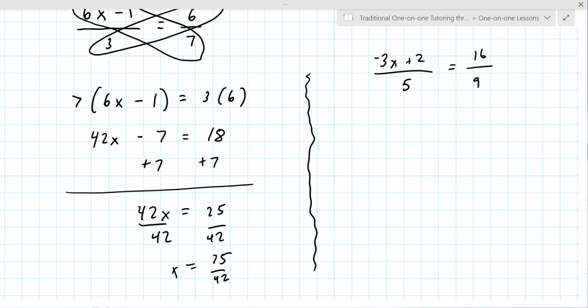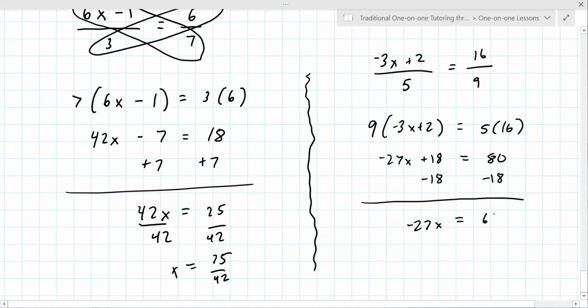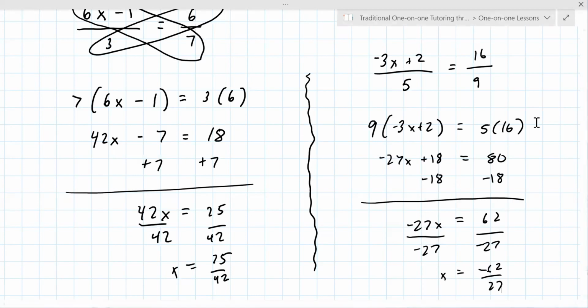All right, I think I got it. Okay, so I'm going to show the steps here. It's 9 times minus 3x plus 2 equals 5 times 16. So that's negative 27x plus 18 equals 80. Subtract 18 from both sides. So you have negative 27x equals 62. And that will get you x equals negative 62 over 27. Yes. All right.